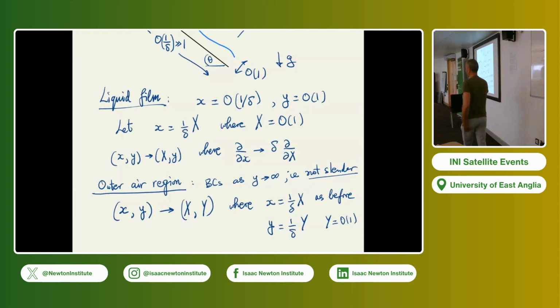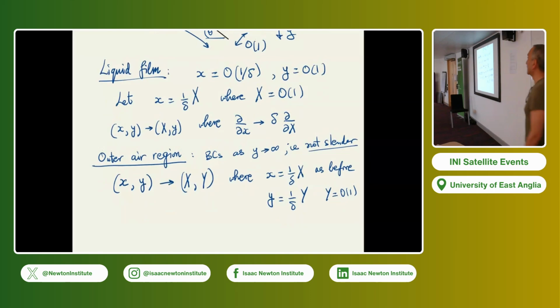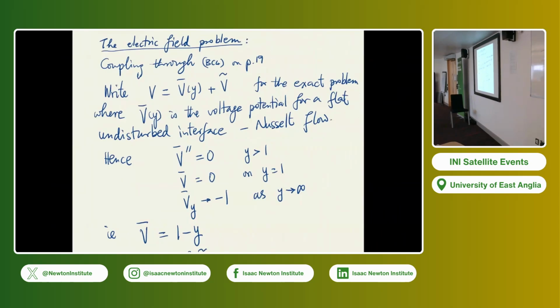So that's really the big mathematical simplification. In the outer region, however, I don't have this luxury. I have to keep x and y both. I need to introduce also y to be 1 over delta, big Y, and then I need to address elliptic fields there. Okay, so that's what happens.